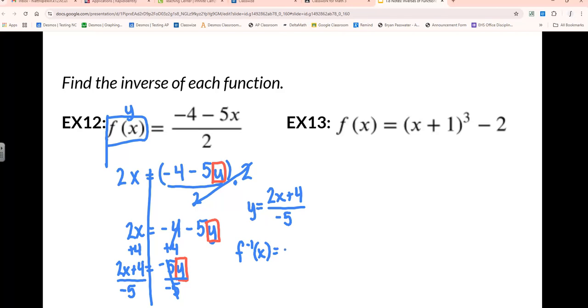So a lot of times they'll put the negative out front like this and do 2x plus 4 over 5 instead of putting it in that denominator. Now, if you're just answering for me, you can do it either way. But if it is multiple choice, you're probably more likely to see this answer choice right here. So this would be our final answer.